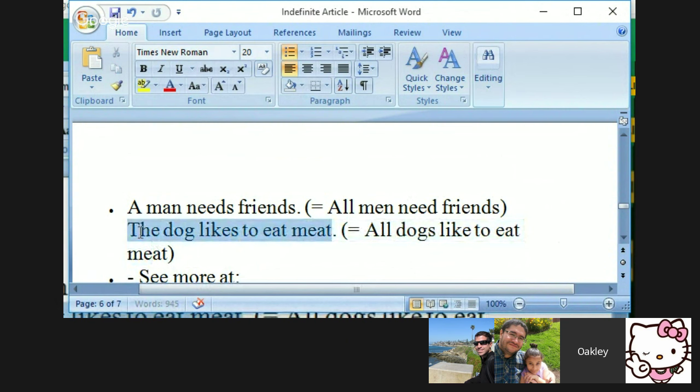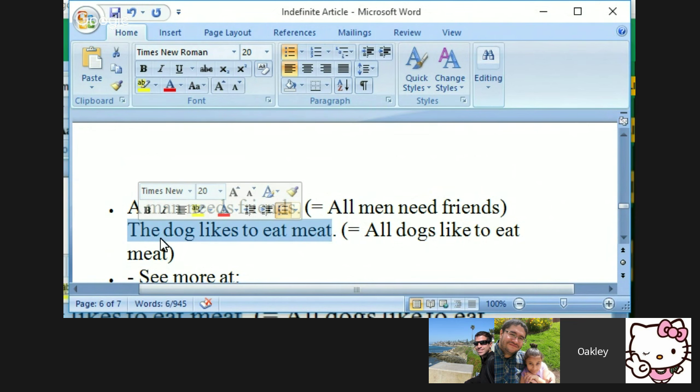It is extremely formal. It's used primarily only for academia. If you're writing a thesis, or you're writing a textbook, or you're writing an encyclopedia, then you might also see the definite article like this. The dog likes to eat meat.